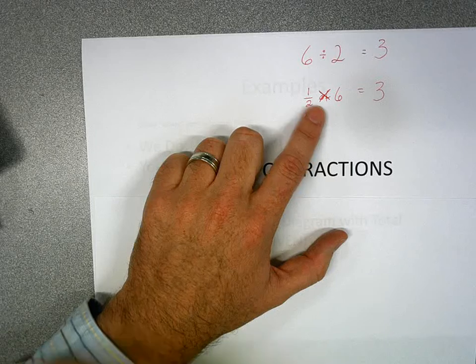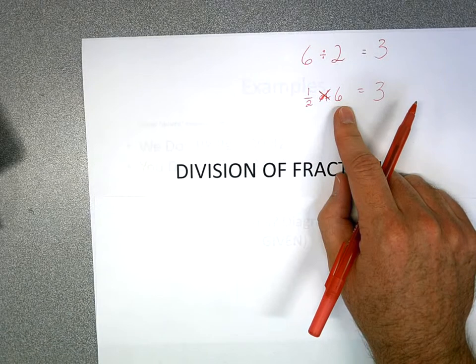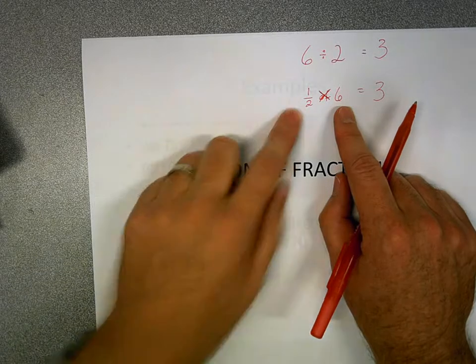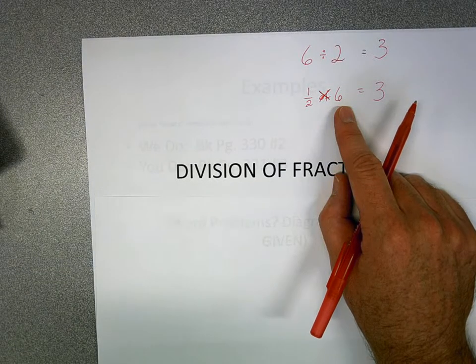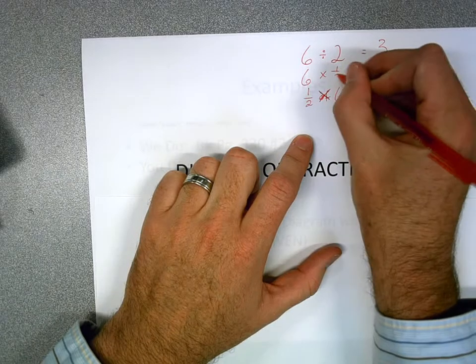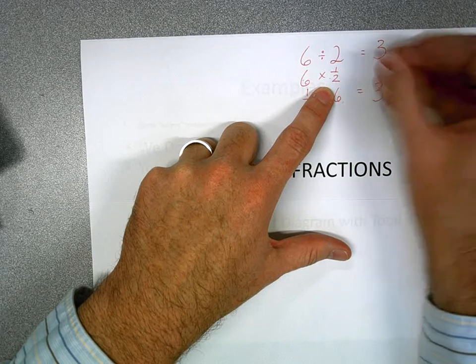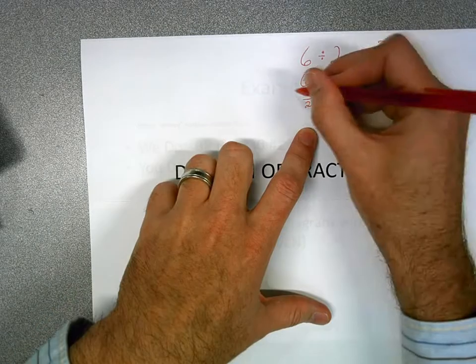Then they realized they also already knew the commutative property, meaning that you could flip-flop a multiplication problem, like 2 times 3 is the same as 3 times 2. They could flip this, so 1/2 of 6 can also be written like this and still get 3.